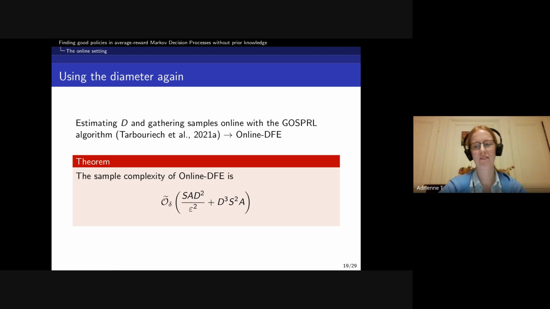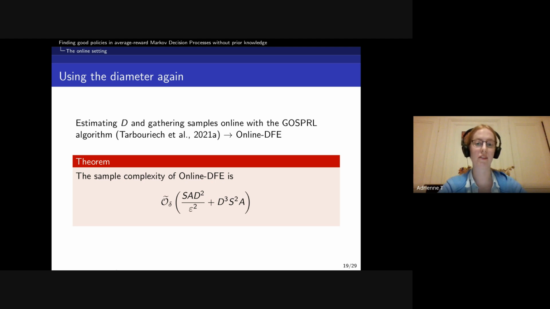And as I was saying, H is definitely not the right parameter here. Optimal bias span is not the right parameter. We can just use the diameter again, because the diameter, we can estimate it in the generative setting, but we can also just estimate it in the online setting as well.